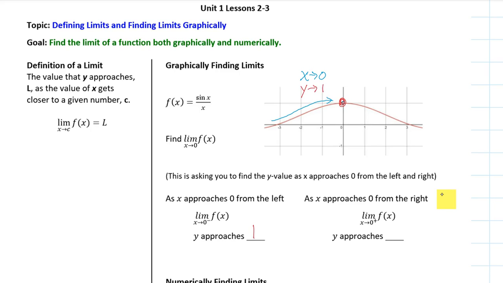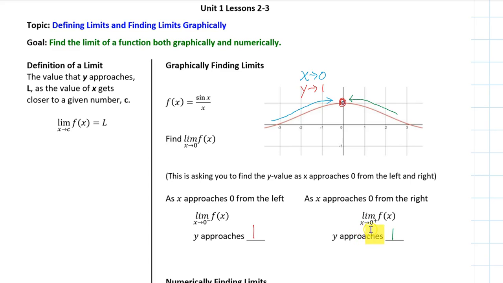So on the left side of the graph, I'm approaching 1, and you're probably sitting there saying, well, you're doing the same thing on the right, because now x approaches 0 from the right side. So if I were to walk along the graph this direction, as x approaches 0, y is approaching 1 there also. You'll notice the notation changed a little bit right here.